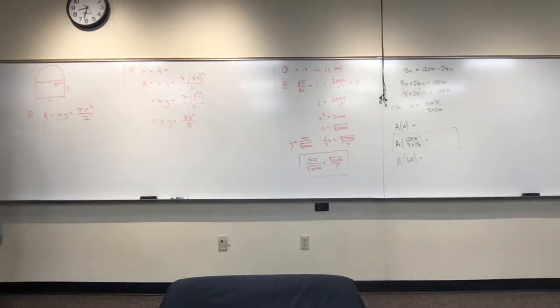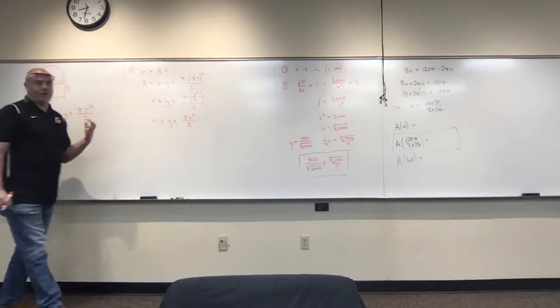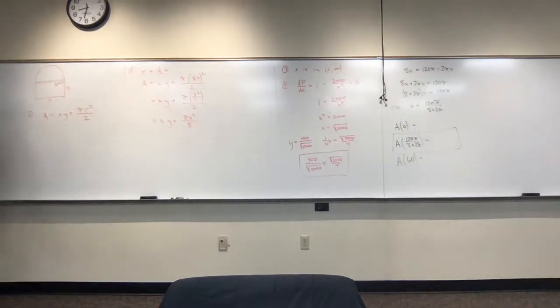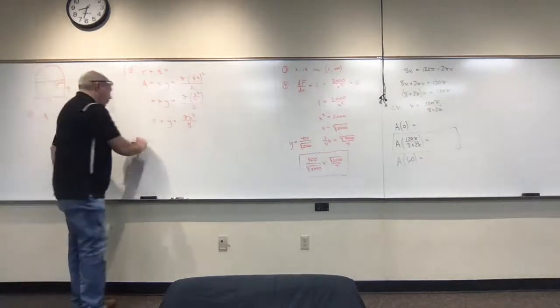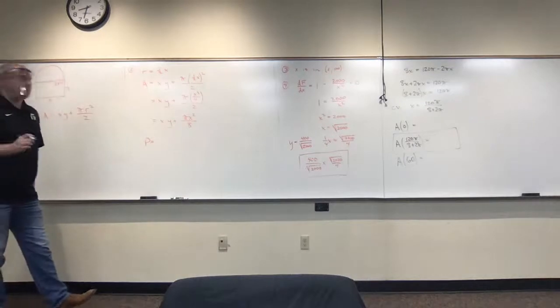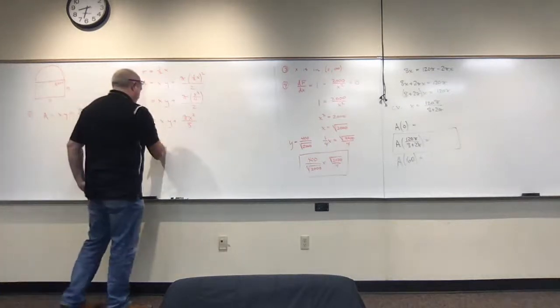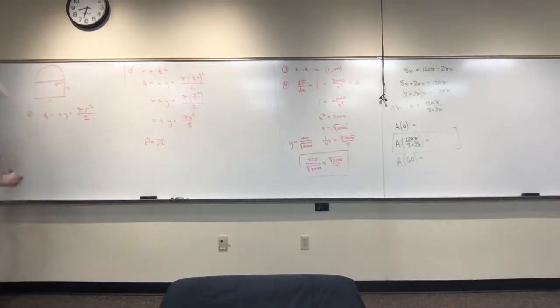But I still have an x and y, and so I need to get rid of one of those, right? What's the other information that I have in this problem? Yeah, the perimeter. The perimeter of this thing is, did you say 24? 20 feet. Okay, 20 feet. So it's 20. But what is 20? Well, this is y.